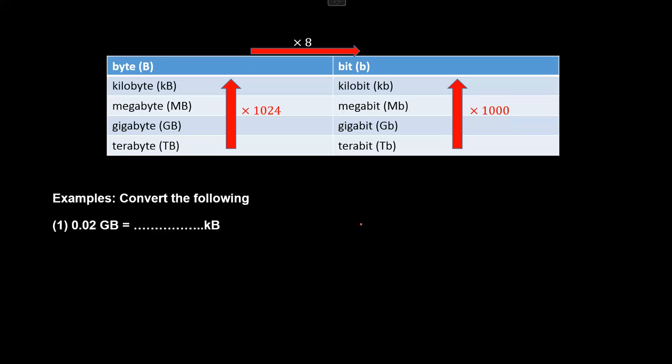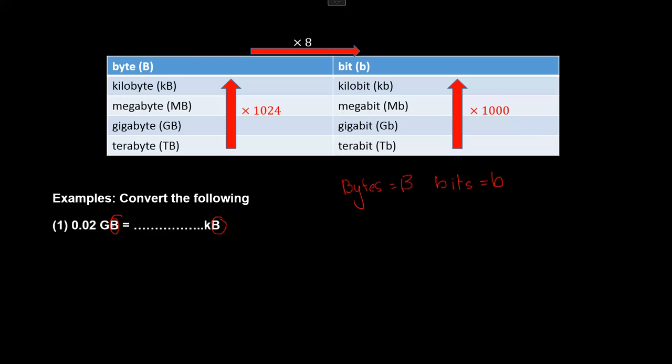So in the first example, we're going to convert 0.02 gigabytes to kilobytes. Now it's very important to note that there's a big B here and here, so they're bytes we're talking about. Bytes always use a big capital B, whereas bits, they always use a little b. That's really important to remember. So it's pretty straightforward, this example.